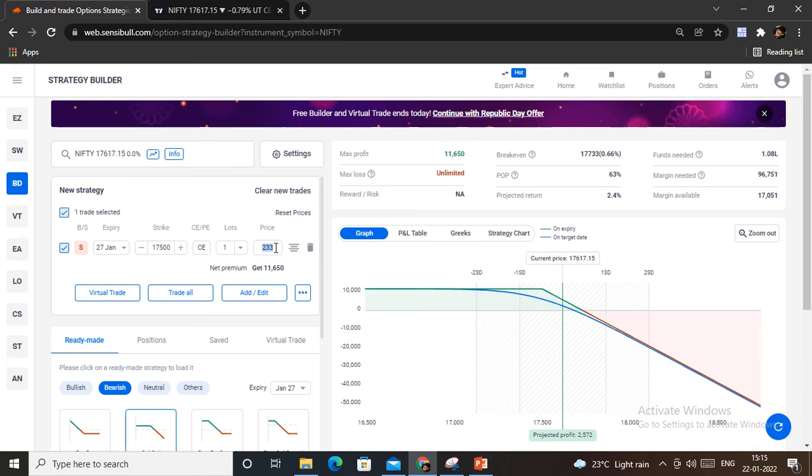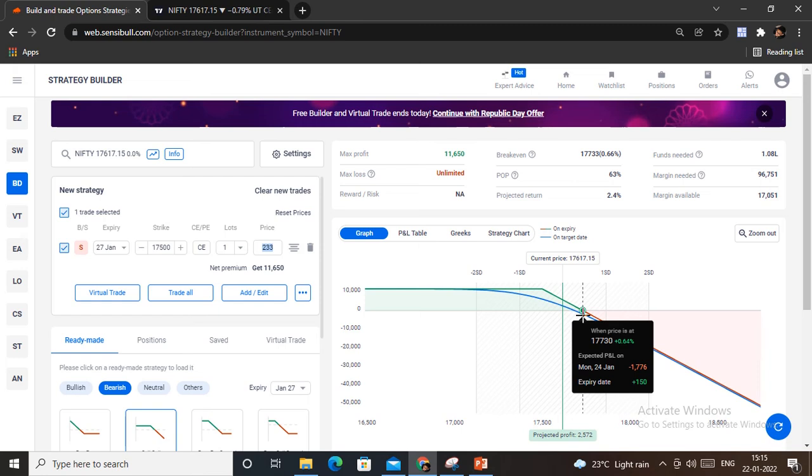So the option seller has sold the option with the view that buyers will be profitable only if the market expires above 17,733. See, in Sensibull we get the break even point. So this is the break even point, 133 points above the present market price.